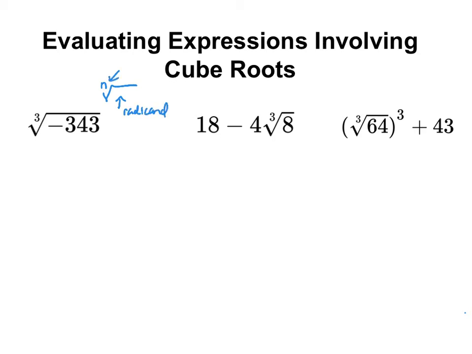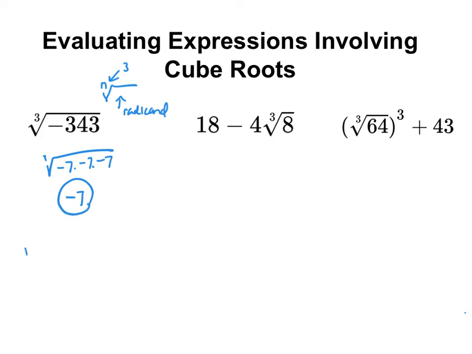And then you're going to put what number you want to find the root of. So for this, you'd put 3. So I've already done this on the calculator. And I know that 343 is -7 times itself 3 times. So the cube root of -343 would be -7.